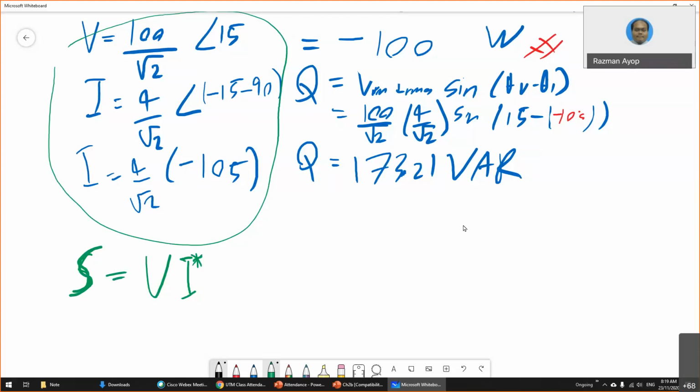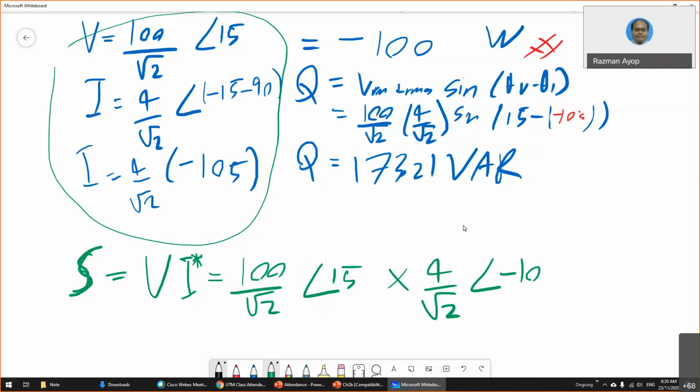And since there is no square, you have to use both angle and magnitude. So 100 divided by square root 2 angle 15, then multiply by 4 divided by square root 2 angle negative 105 degrees.